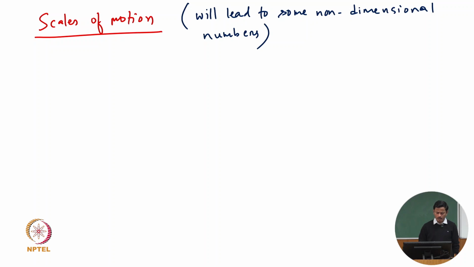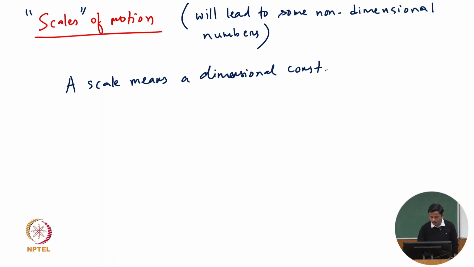So I said scales of motion, but it's important for us to define what is a scale. A scale means a dimensional constant.